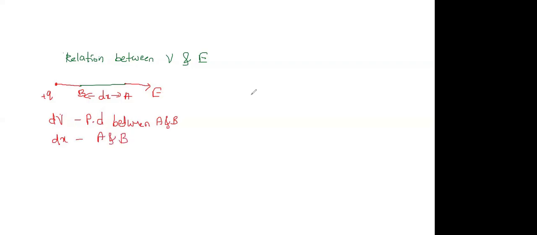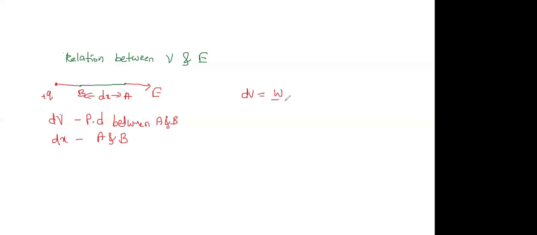Right. So as we know from the basic definition, we have taken the potential as dV, right? So potential is equal to what? It is the work done in bringing a charge from A to B. It is the work done per unit charge.